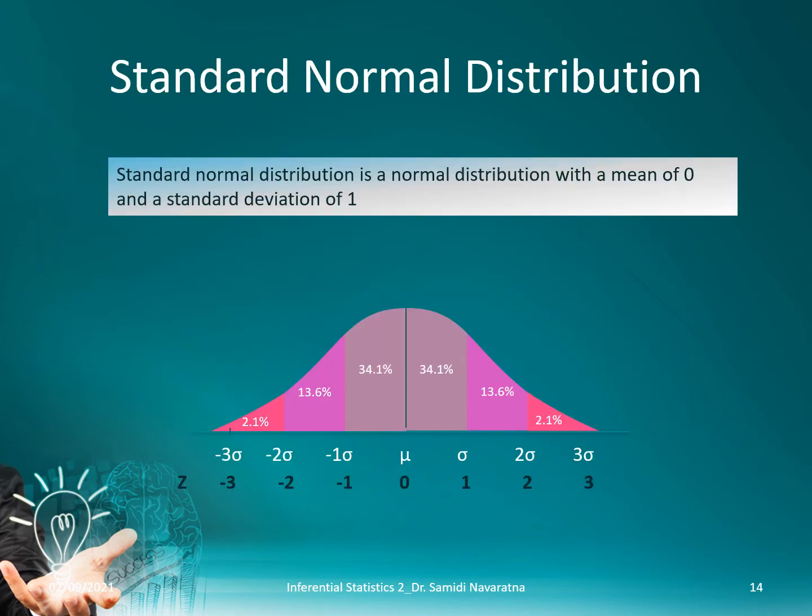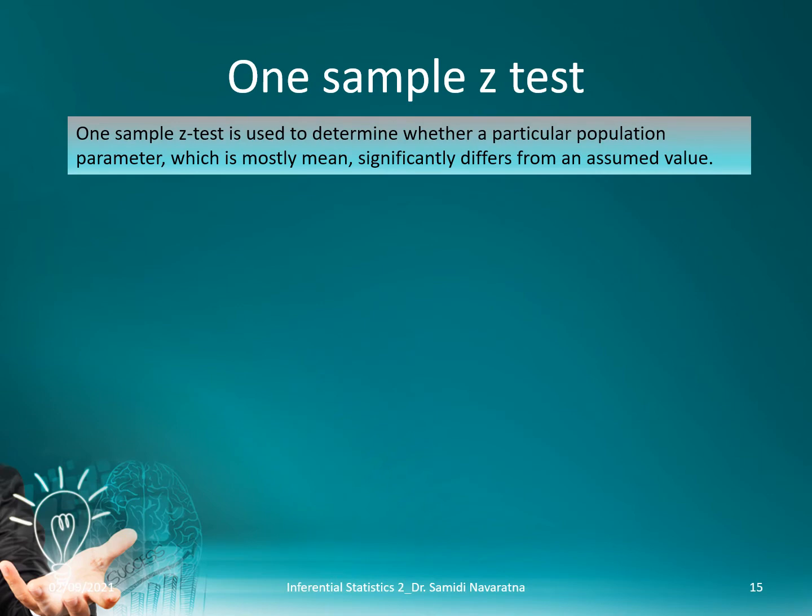We discussed the standard normal distribution in the last lecture. However, just to reiterate, the standard normal distribution is a normal distribution with a mean of 0 and a standard deviation of 1. Moving on to the one sample Z test. It is a test used to determine whether a particular population parameter, which is mostly the mean, significantly differs from an assumed value.